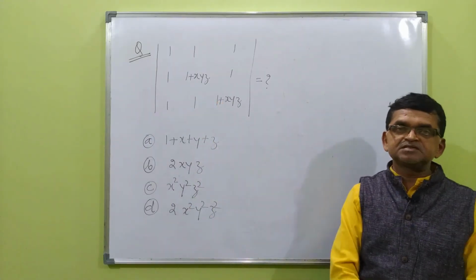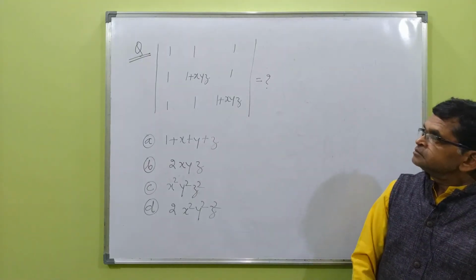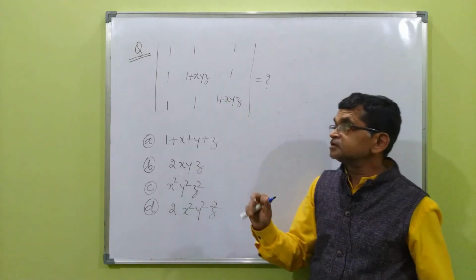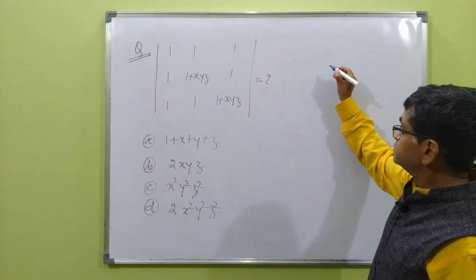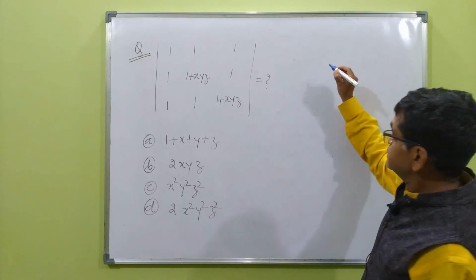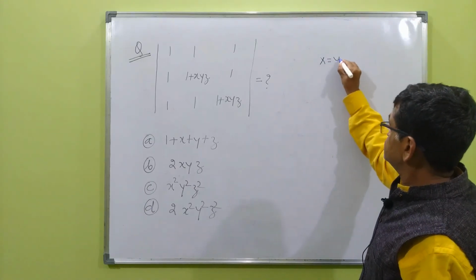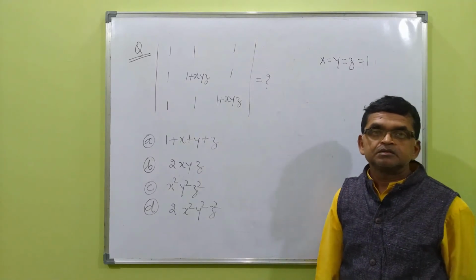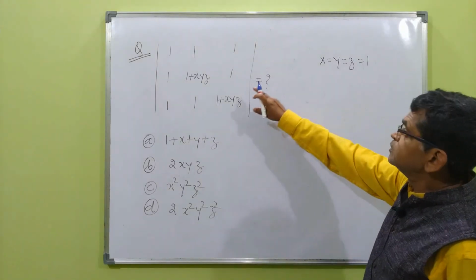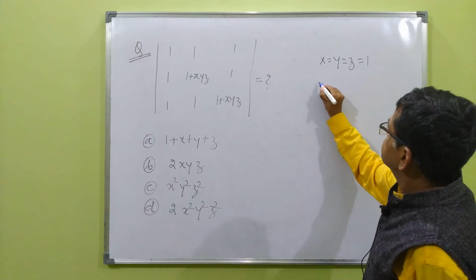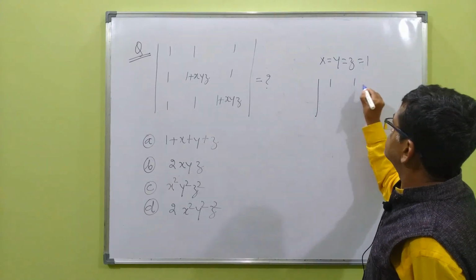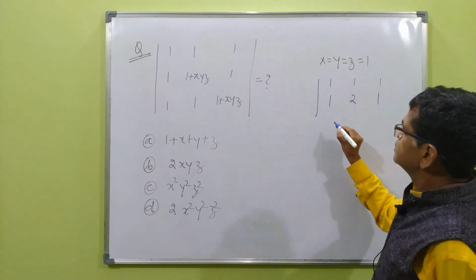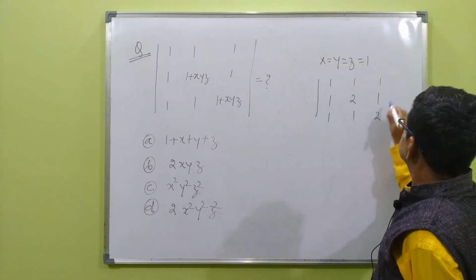Consider this example. The four options and the determinant are given. Here also by the substitution method, x is equal to y is equal to z is equal to 1. If you put simple values for x, y, z, then 1, 1, 1, 1, 2, 1, 1, 1 and 2.